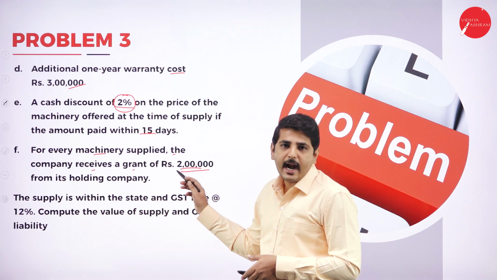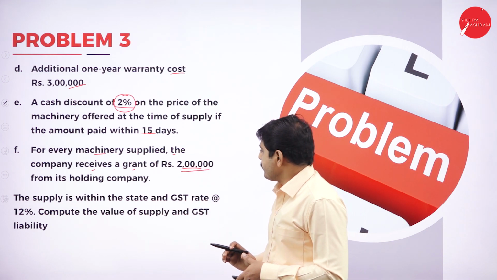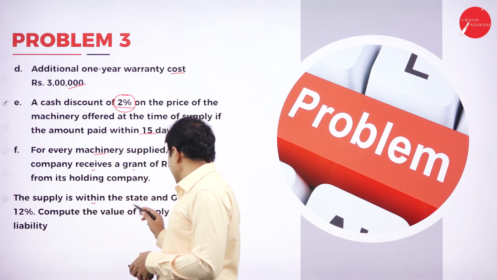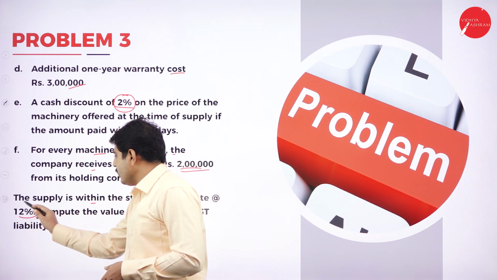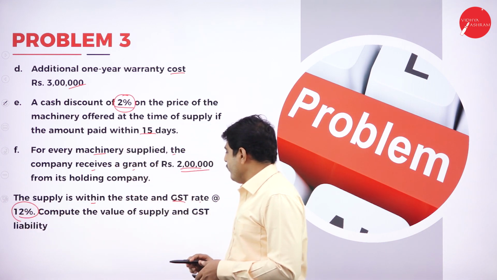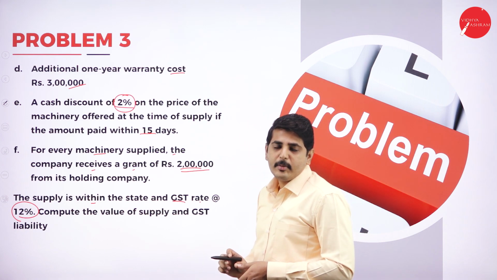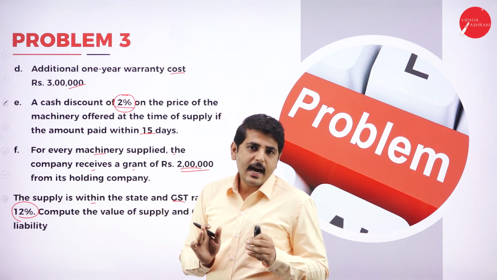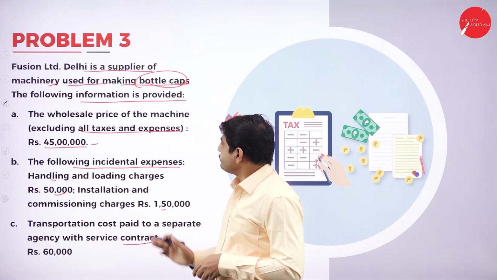So, we should add this item while calculating the actual cost of the machinery. Next one, the supply is within the state and the GST rate is 12%. So, compute the value of supply and GST liability. This is the problem. So, you have to understand what item should be added and what item should be neglected. Please keep this in mind.